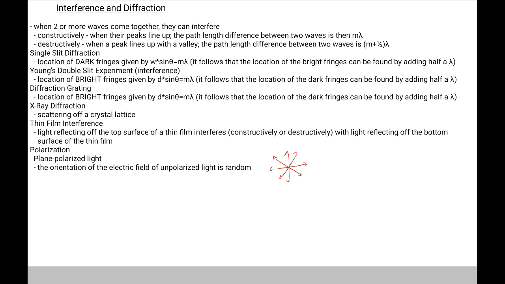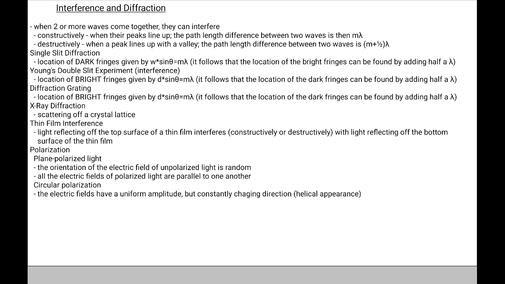So E has all kinds of directions, whereas with polarized light, the electric field will be polarized in just one direction. We could have an electric field going this way, or one going that way, but it's only in one direction, not like we saw with the previous one where the light was unpolarized.